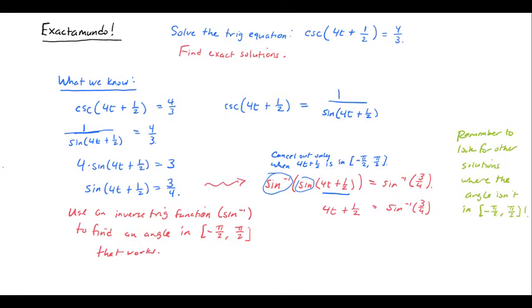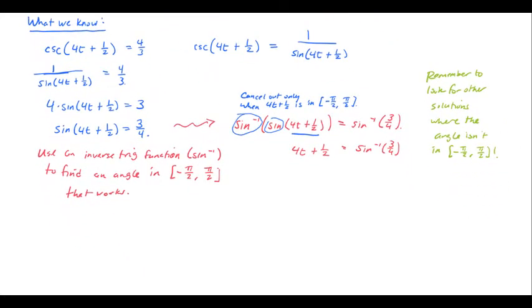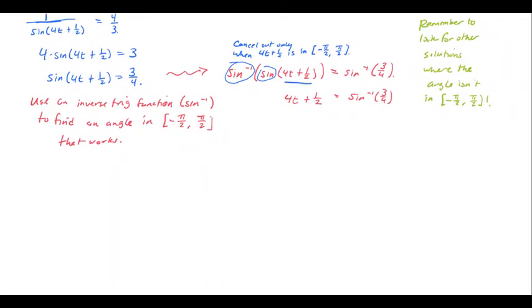That's crucial. So I'd like to think about what other angles would satisfy this equation, in other words, what other angles would give me a sine equal to 3/4. We know there's this one, inverse sine of 3/4.